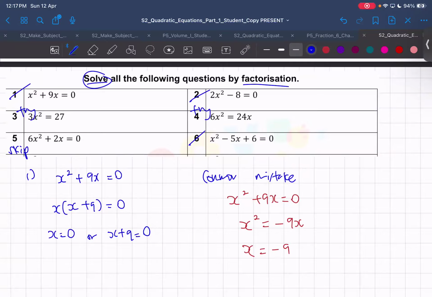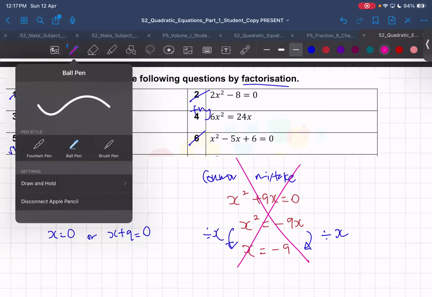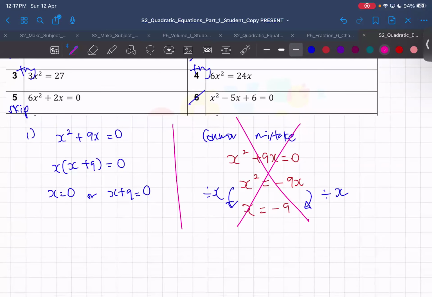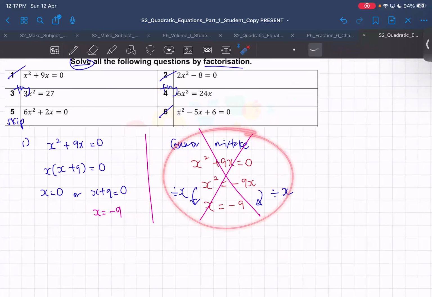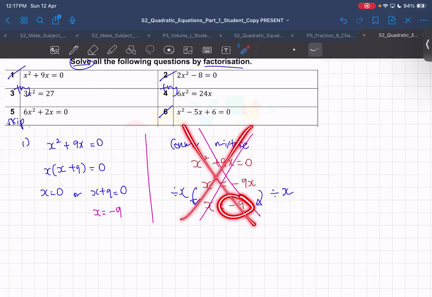No, you cannot divide by x just like that, because you will be missing one solution. This is the correct way. Over here you'll get the answer x equals to 0 or x equals to negative 9. Two answers. But if you do this method, you will get only x equals to negative 9. So where is your x equals to 0? Missing. So wrong already, this question.